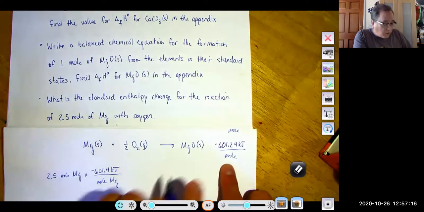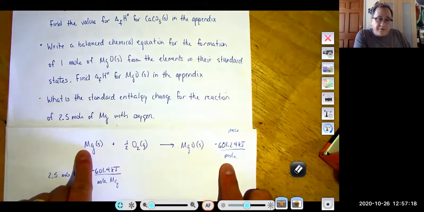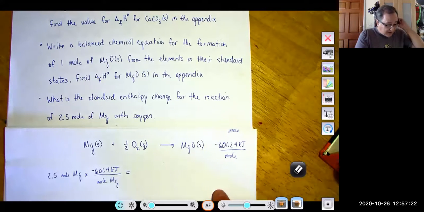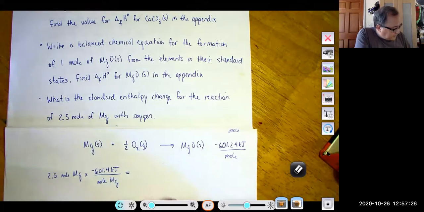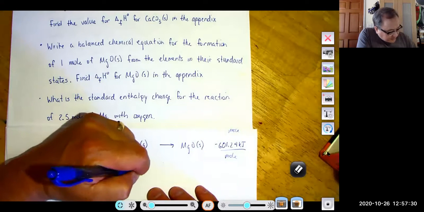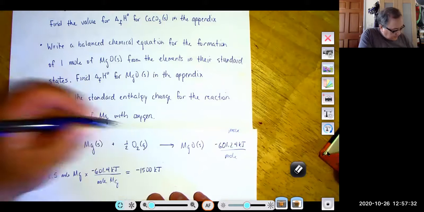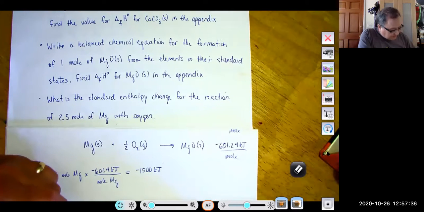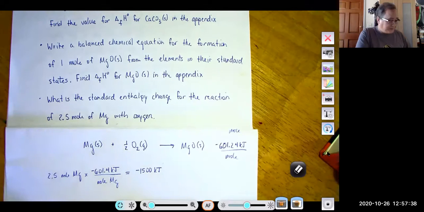And I know it's per mole because there's a 1 for the coefficient. So here we have 2.5 times 601, which comes out to 1,500, minus 1,500 kilojoules.